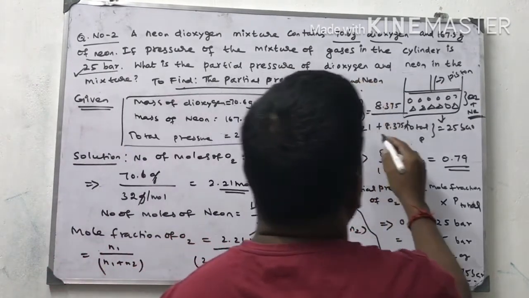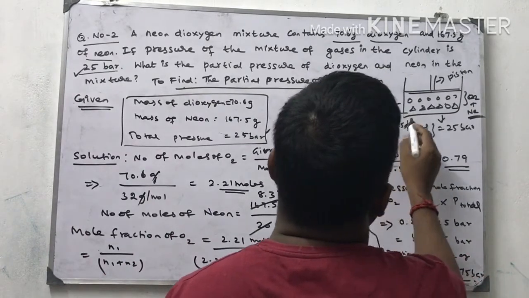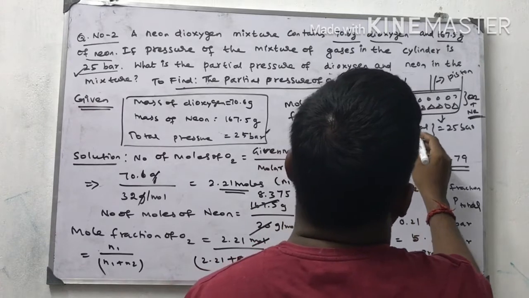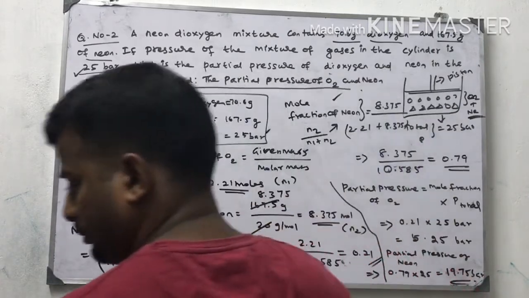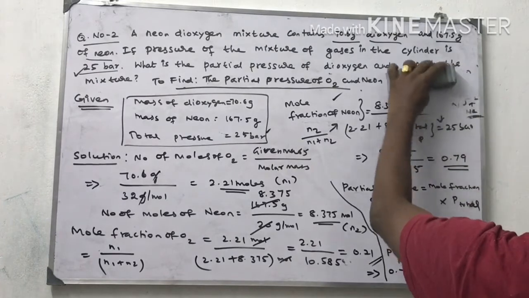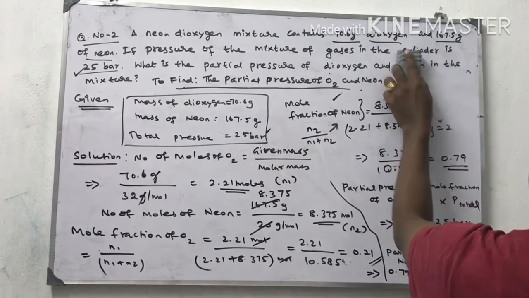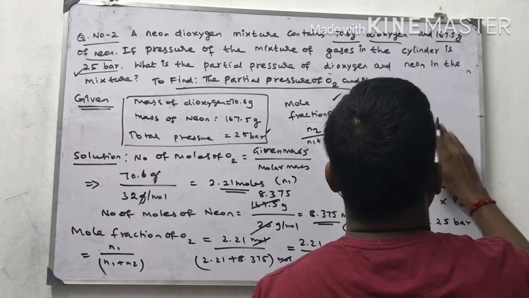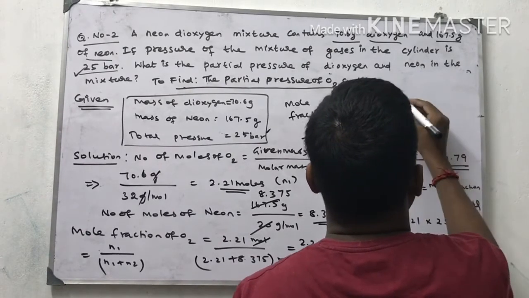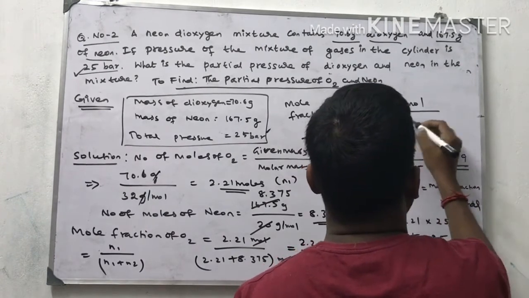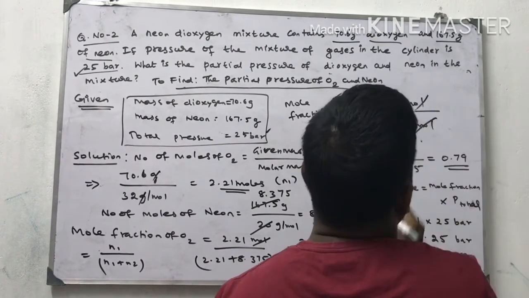Mole fraction of neon is equal to 8.375 mole divided by 2.21 plus 8.375 mole. Mole gets cancelled.